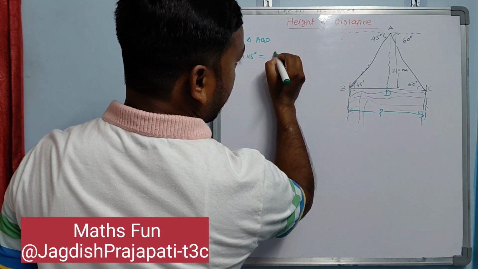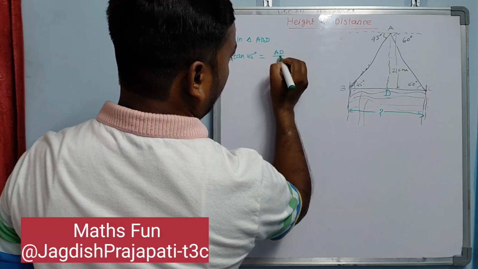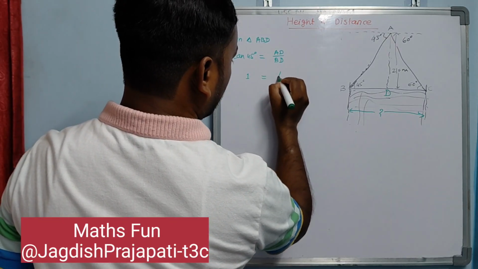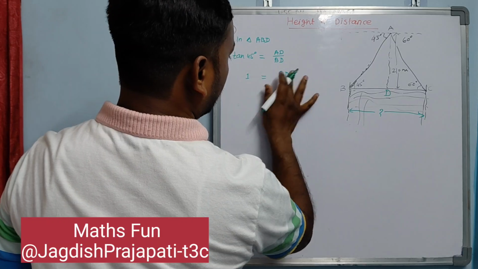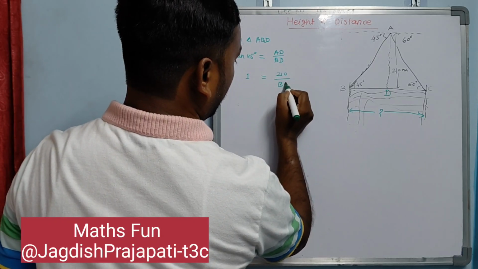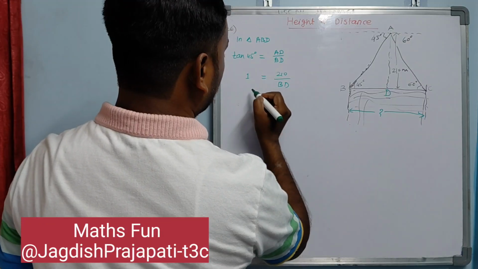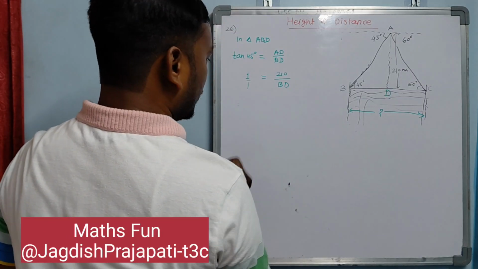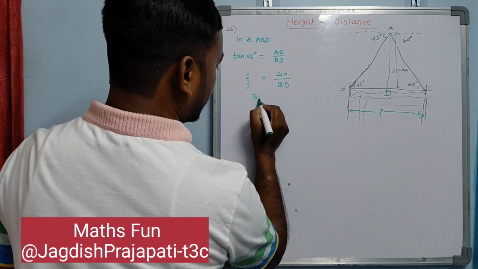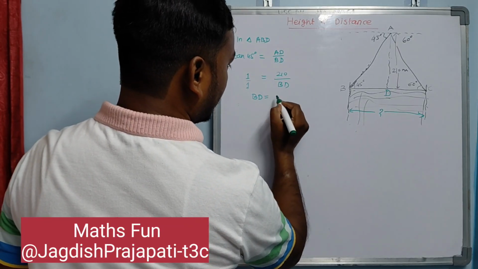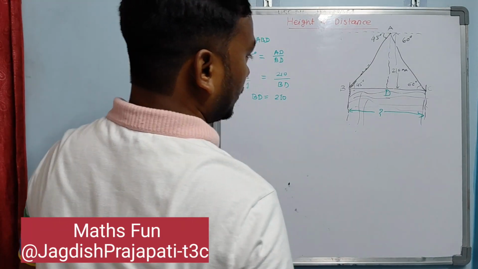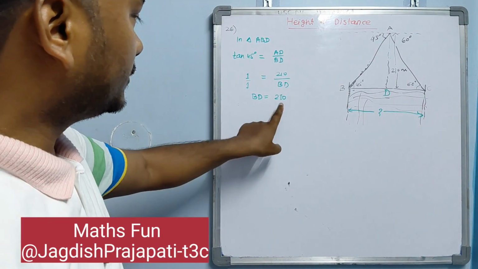So AD upon BD, this is 1. AD is given, this is 210, and BD we don't know. We can assume 1 here also. Using cross multiplication we can write BD equals 210. Now we found BD.